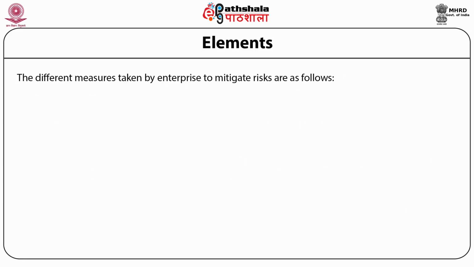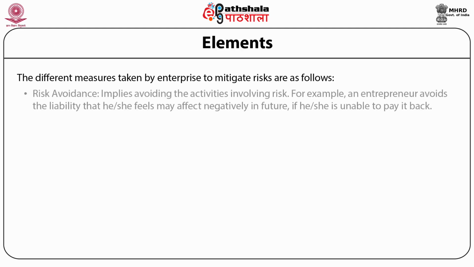The different measures taken by enterprise to mitigate risks are as follows. Risk avoidance. It implies avoiding the activities involving risk. For example, an entrepreneur avoids the liability that he or she feels may affect negatively in future if he or she is unable to pay it back.